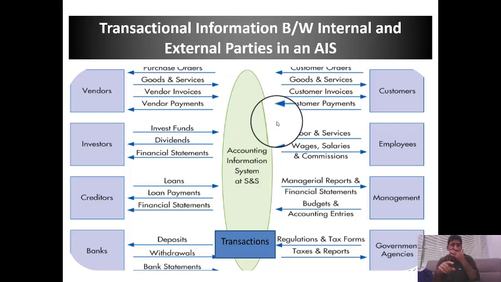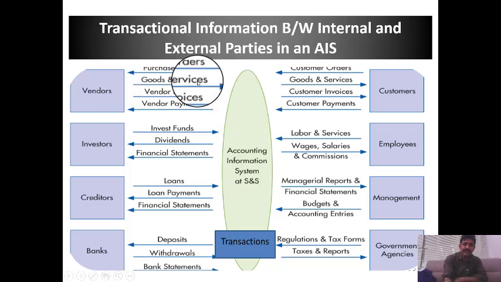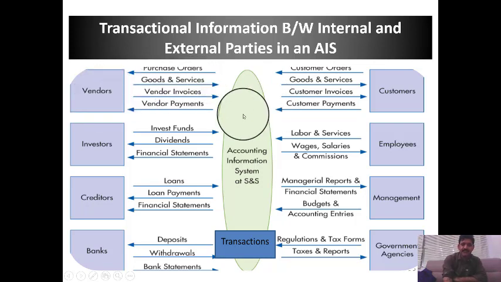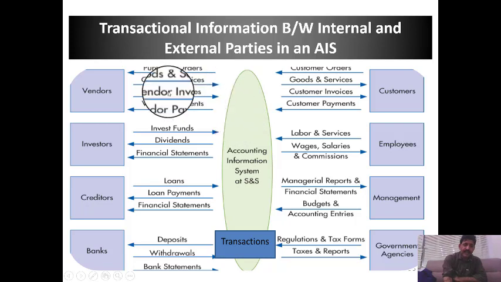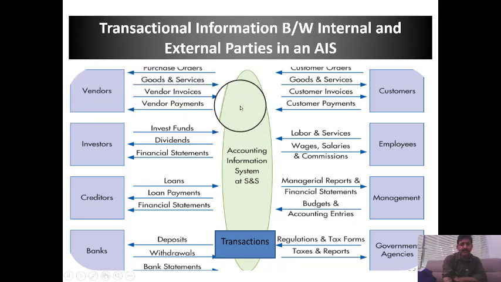Then goods and services are received by the company. This is another piece of information between the accounting information system and the vendor, that goods are coming. What kind of goods are there? What is the quantity, what are the prices? So goods and services are given by the vendors to the company. Finally, the vendor also submits their invoices for payment.